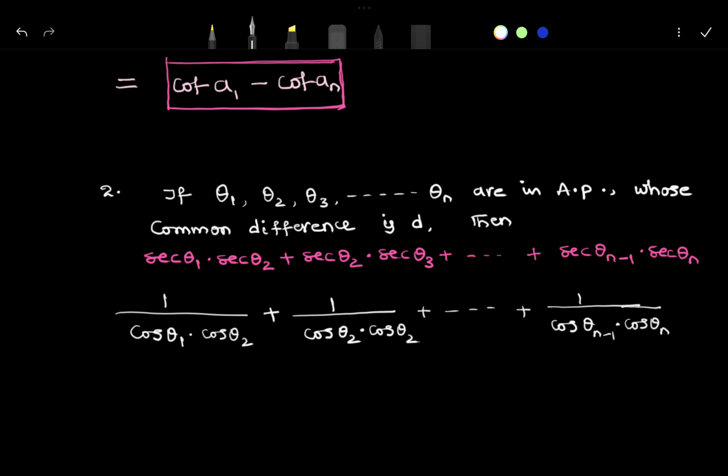So here I will tell you one small thing. In the first question and second question, the denominator is the same trigonometric function. In the first example, the denominator is sin theta 1 into sin theta 2, and the second problem is in terms of only cos.